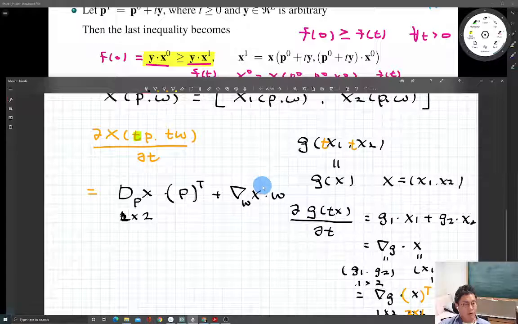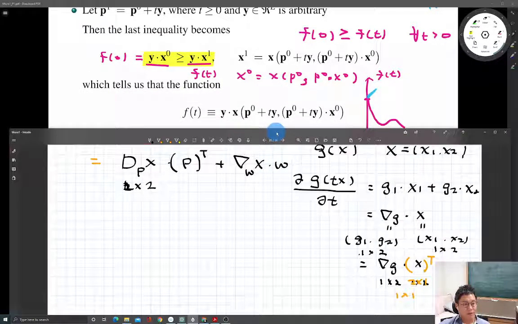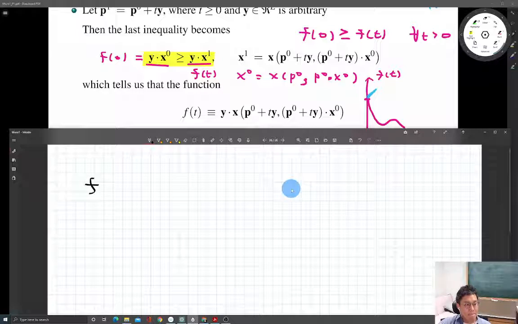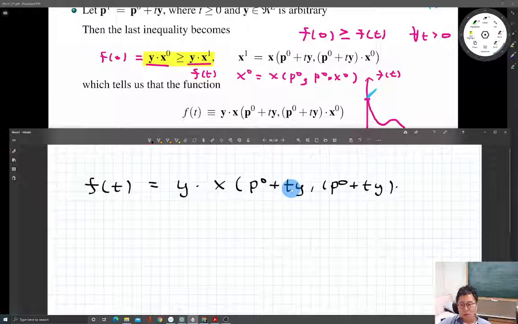So now using that, let me figure out how to calculate the derivative of this function with respect to t. So f prime, f of t is given by the dot product between y and x. Let me rewrite this using the multiplication of matrices, instead of the dot product.